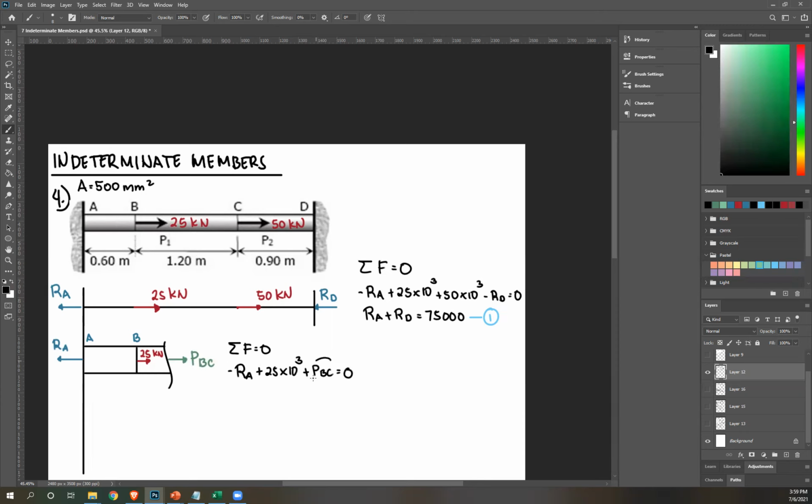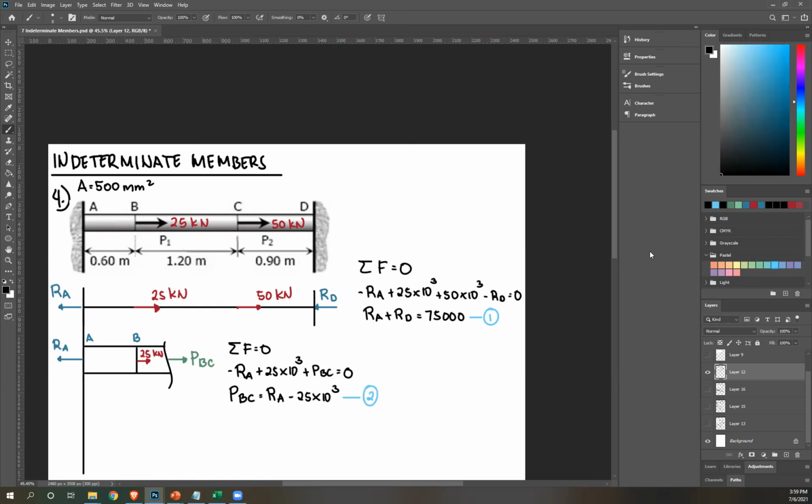And this is our goal. The goal is to get PBC since you already know the area. So that stress is force over area. That is how we'll solve for stress in BC. Okay? So PBC is just RA minus 25,000. Okay? And let's call that equation number 2.